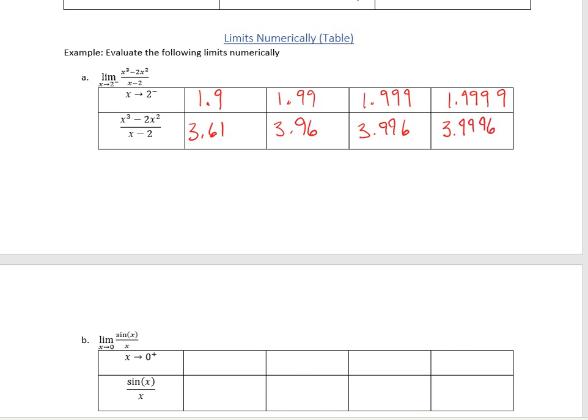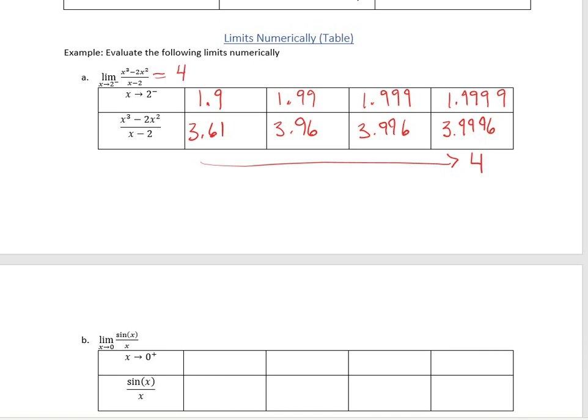Well, what I can see is that as my x value gets closer to 2, these values are getting closer to, it looks like, 4. So, numerically, we would say that that limit equals 4.